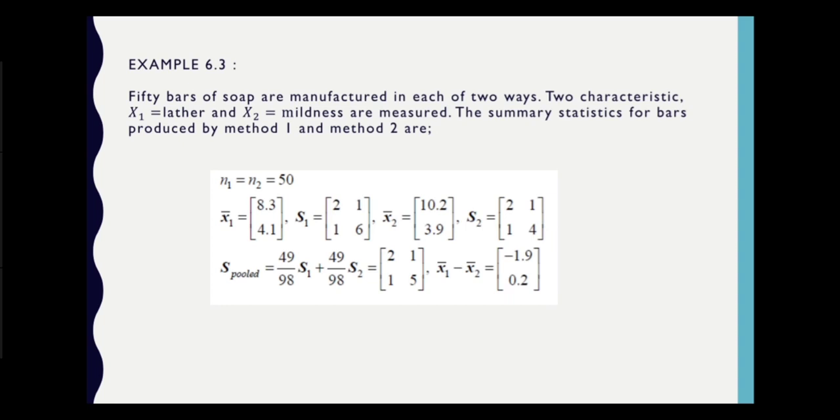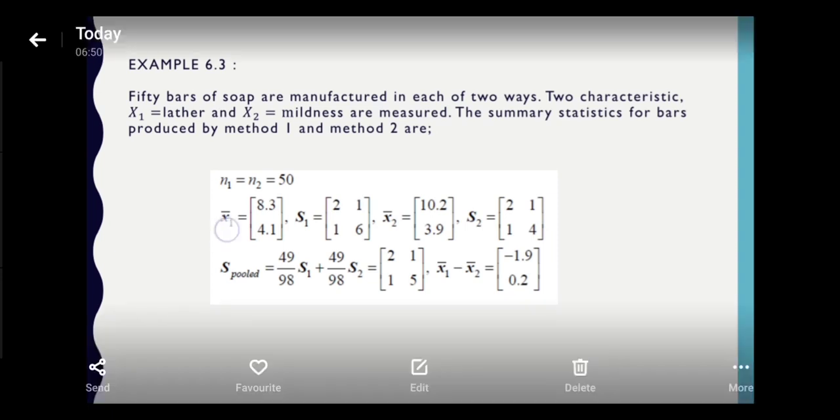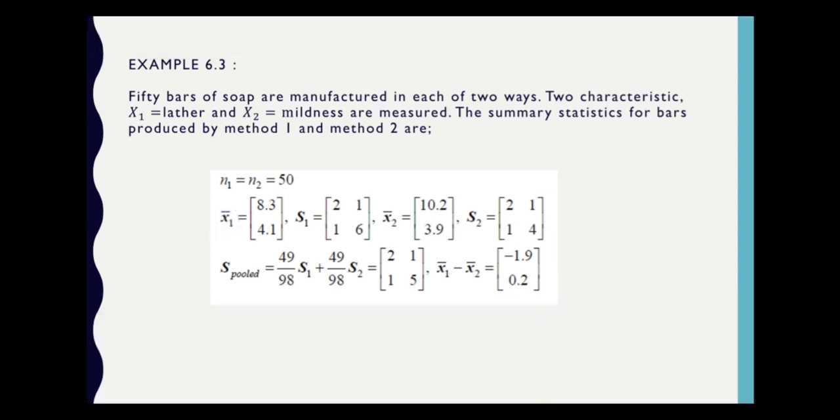Given the information here, the sample size is 50, and x1 bar here is the x bar for the first population, the first method, and x2 bar here is the mean for the second method.